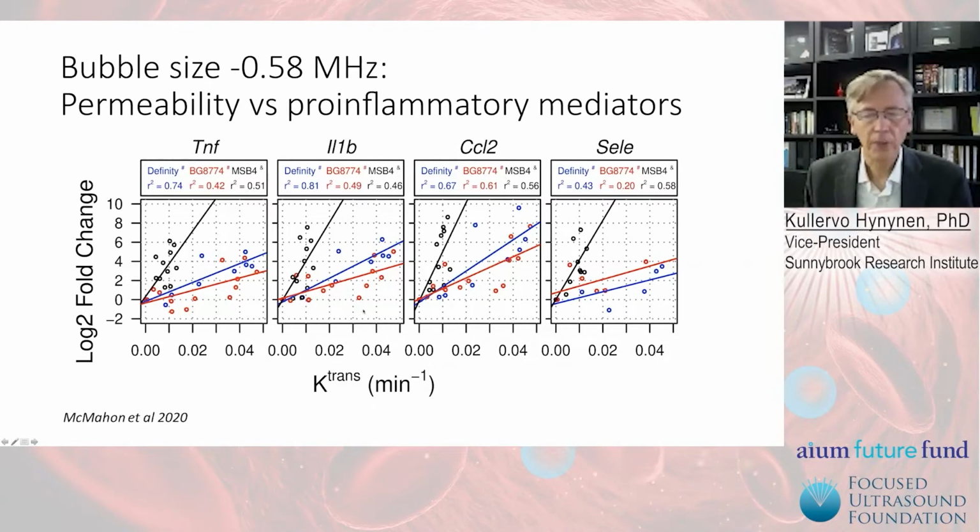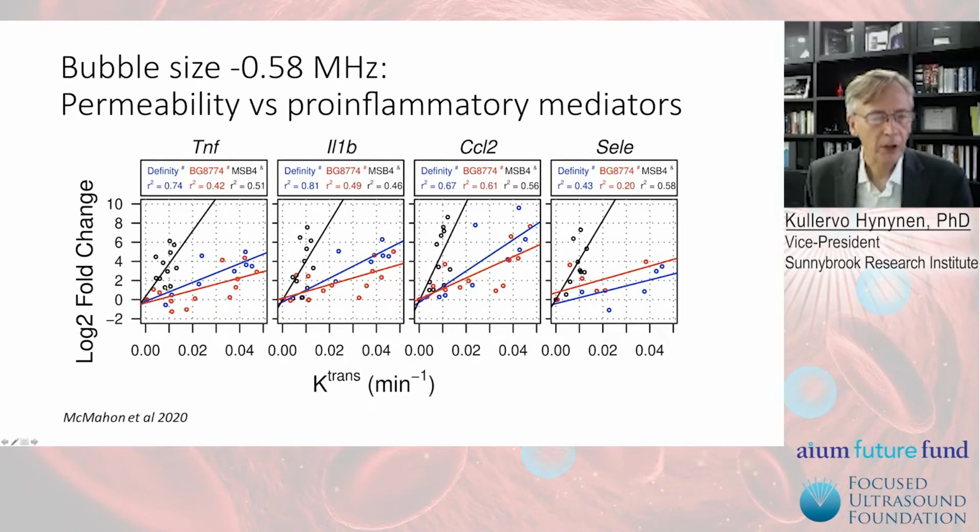They all showed similar trends. They showed that Definity and the polydispersed experimental bubble had about similar K-trans values and similar pro-inflammatory mediator activation.